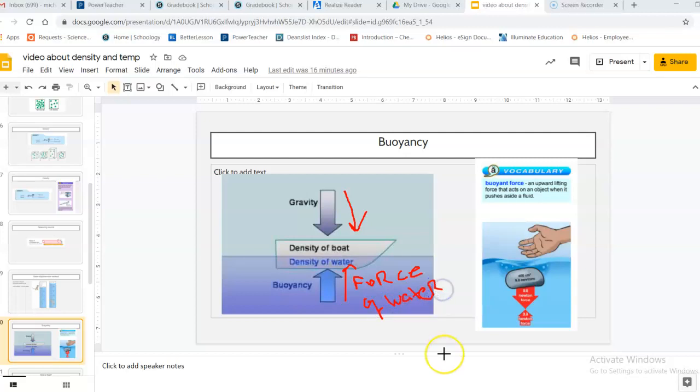It requires work for the water to be pushed aside. So only objects that have a high enough weight can push it down. It's going to be a combination of the weight or mass, and how much is being displaced, which is volume, and we know that that's density.